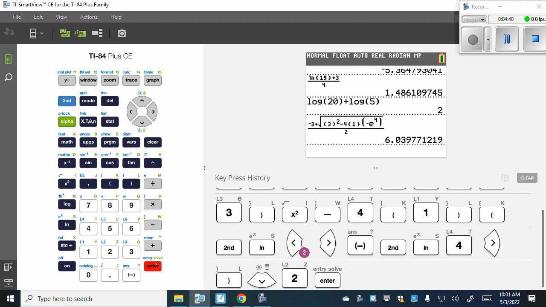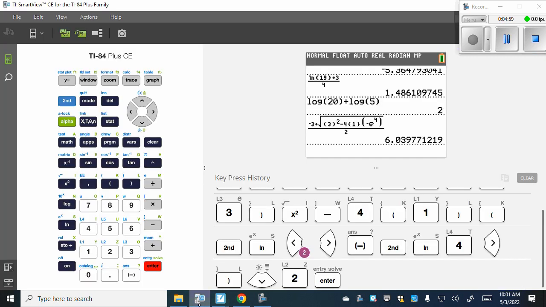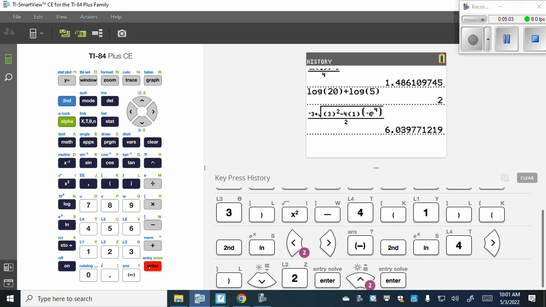Almost got it. Yep, 6.04. Comma. Now, instead of typing this whole thing back in, we can pull it back down because we do need to change one thing.